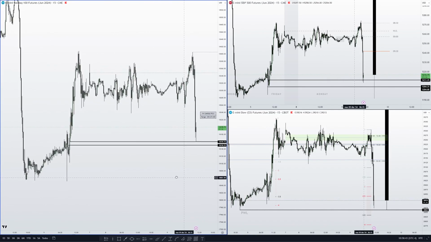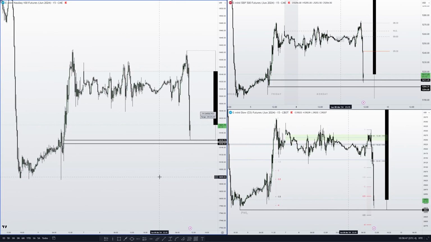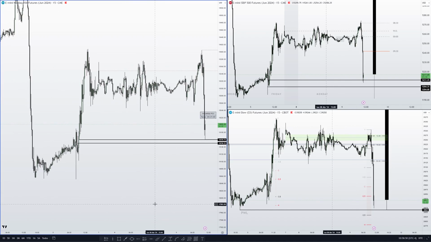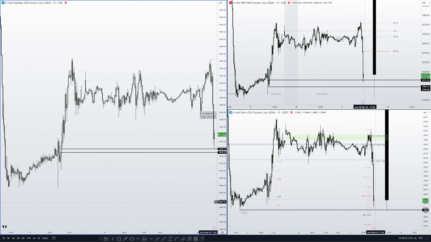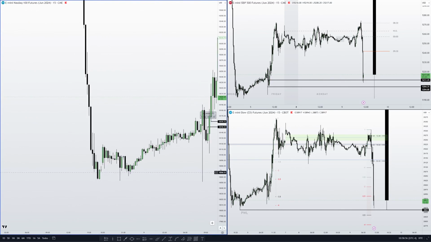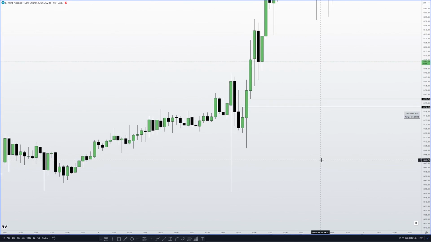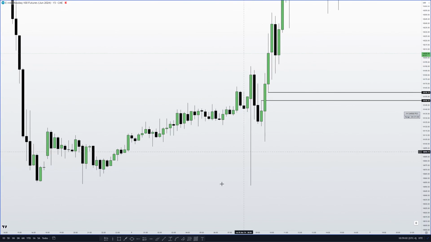So this is the range here. Nasdaq in the NFP relays is this move. Look, attention here. This week here, it's the NFP relays, the initial move or the first move.